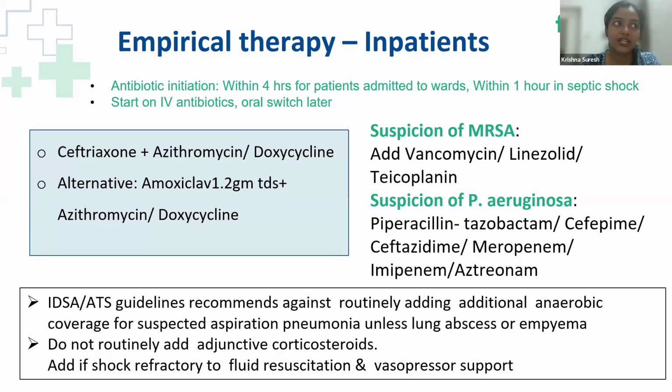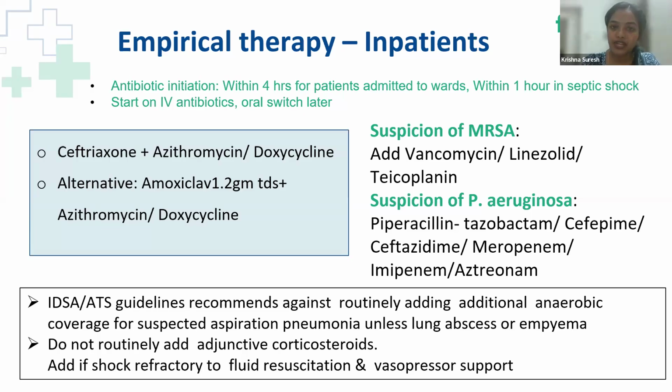But also, if a patient reports any risk factor for MRSA, it is recommended to add anti-MRSA agents such as vancomycin, linezolid, or teicoplanin. And in suspicion of Pseudomonas aeruginosa, anti-pseudomonal agents such as piperacillin-tazobactam, cefepime, ceftazidime, meropenem, imipenem, aztreonam are also recommended.